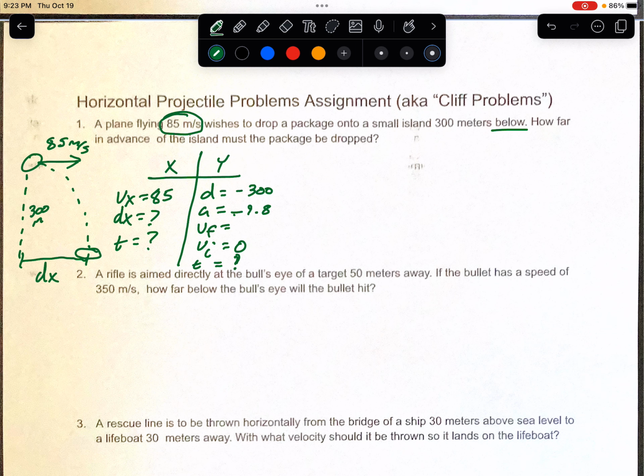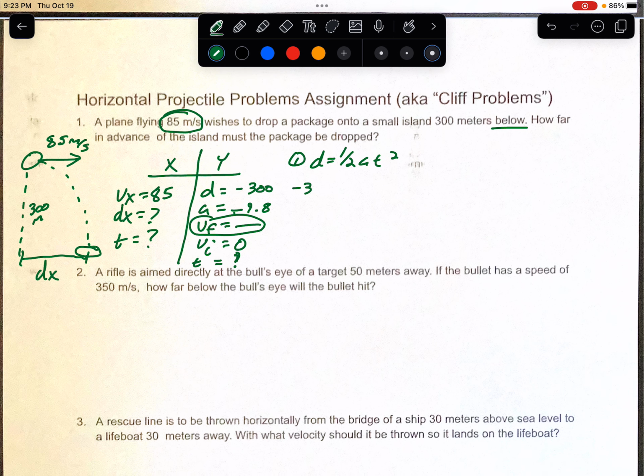So this is actually a two-step problem. We're going to use that third equation again. So part 1 is d equals 1/2 at squared. So we plug in: negative 300 equals 1/2 times negative 9.8 times t squared. Divide both sides by negative 4.9, and you get 61.22 equals t squared.